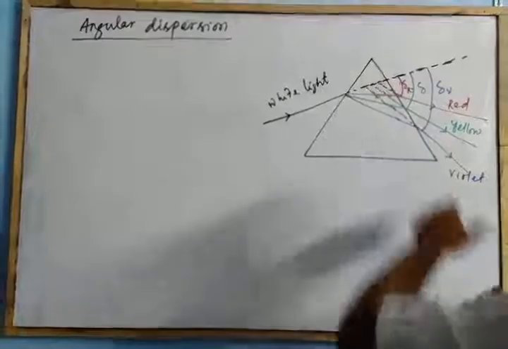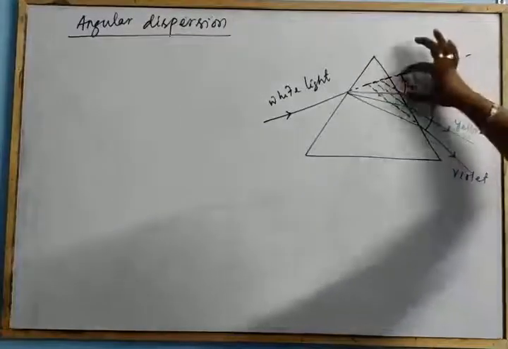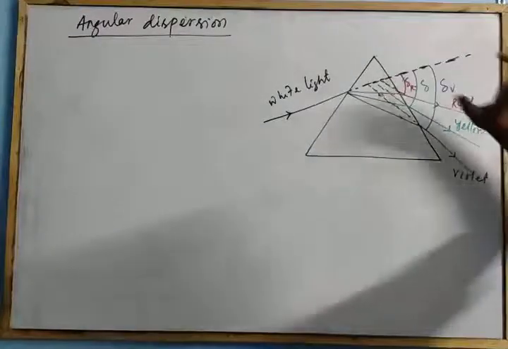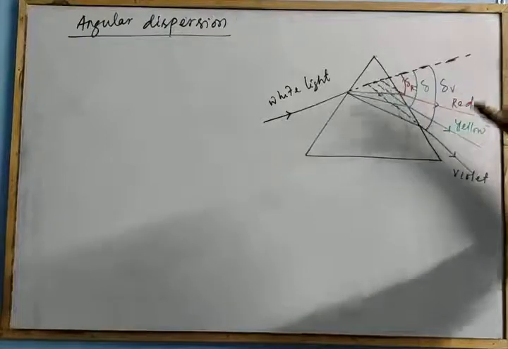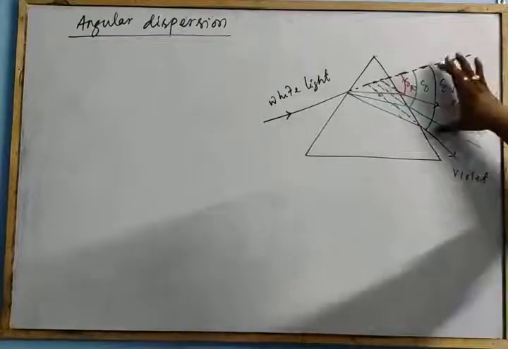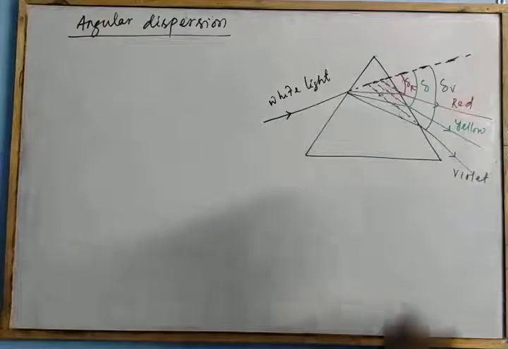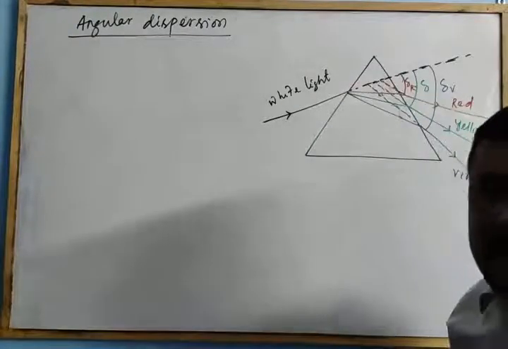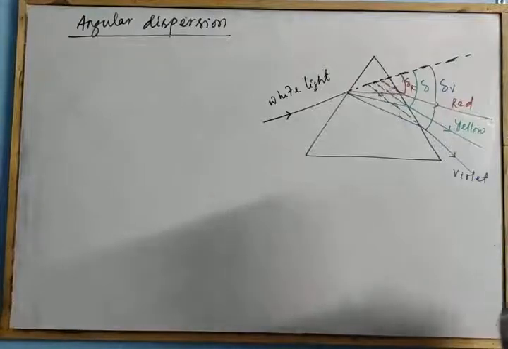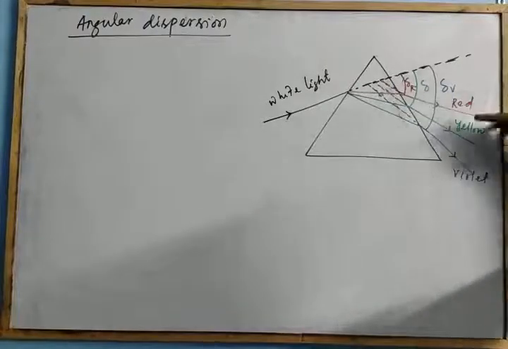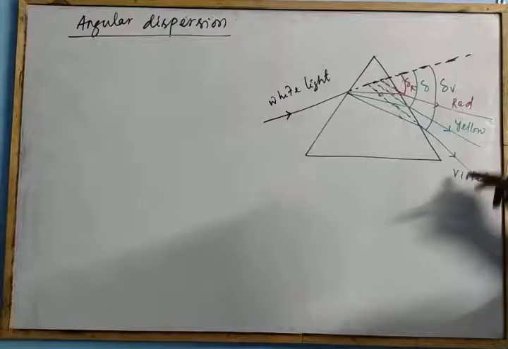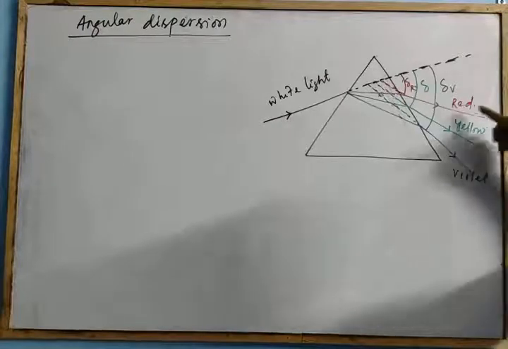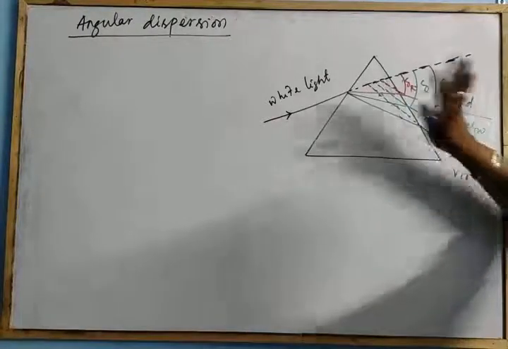As you know, the angle of deviation for red light is delta r, for yellow light I have taken delta, and for violet color it is delta b. These are the angles of deviation for different colors. As you know, red light is at the top, violet deviates most, and red light least. That you already know.